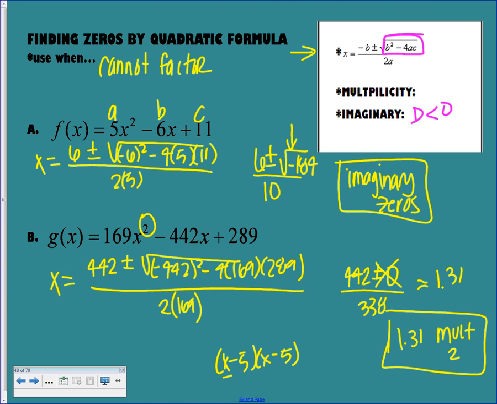That means you have the same factor twice, which technically counts as only 1 zero, but you see it twice, so it's called a multiplicity. This is always going to happen when your discriminant is exactly 0, because when you plus or minus 0, it doesn't change anything. So these are some of your special cases.